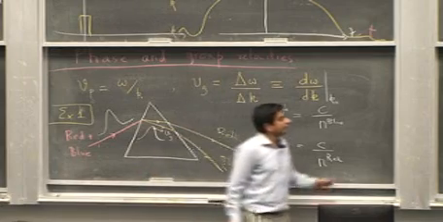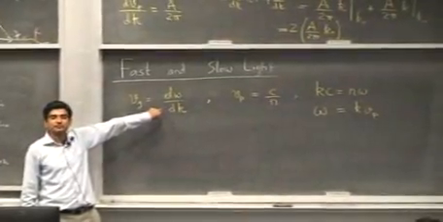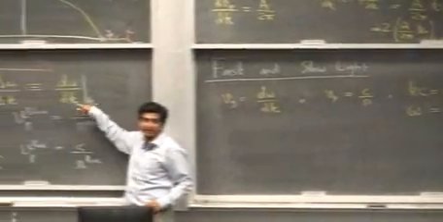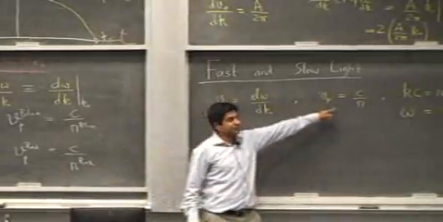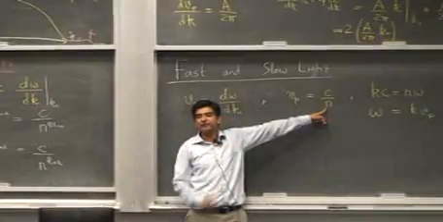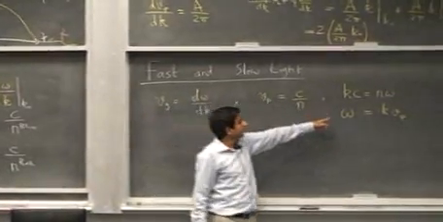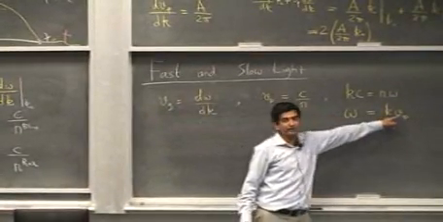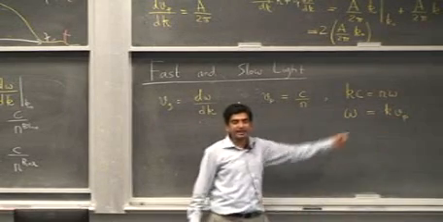Okay? So you know this relationship, fine. This relationship, the phase velocity is c divided by the refractive index. This is how you define the refractive index. And you have this relationship: omega is k times Vp.